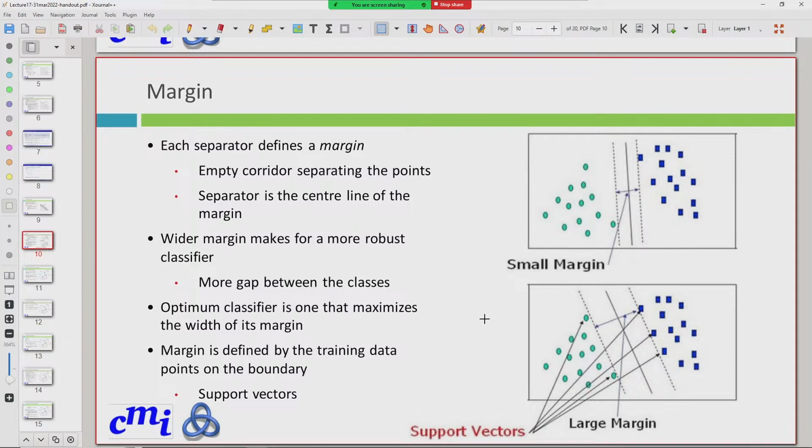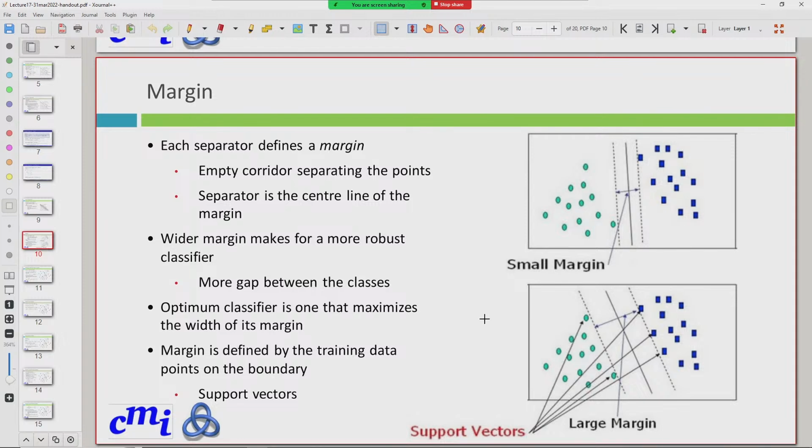If the margin is small and a new data point appears here, then your classifier does not work so well. So in general, a classifier with more margin is more robust, and that is what we would like to find. The perceptron algorithm does not guarantee that you will find such a thing, but there are other ways, as we will see, which can find you a solution with wider margin.